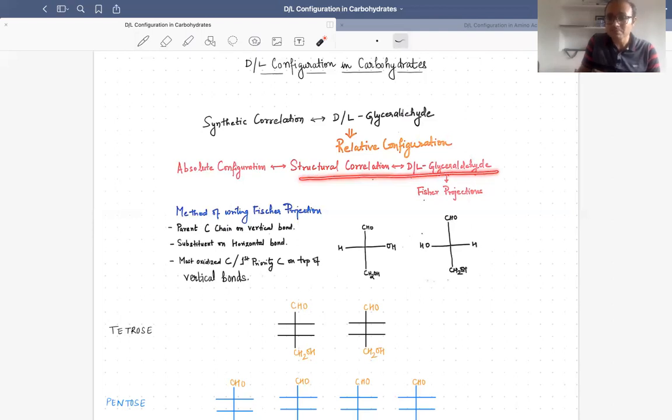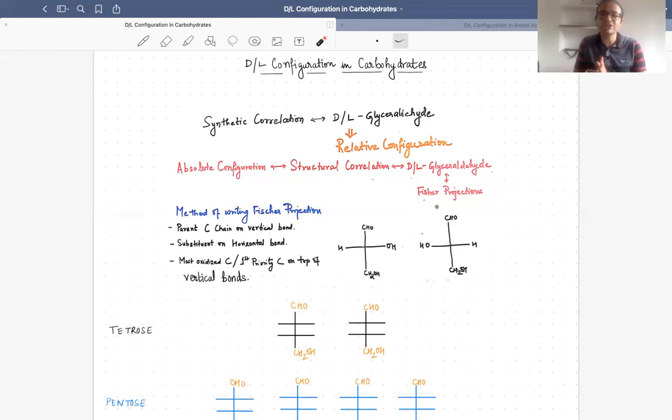This structural correlation will give us an idea whether structurally they are related to D-glyceraldehyde or to L-glyceraldehyde. So a very important thing you must note is that when we assign the D or L configuration, now we use the Fischer projection formula.